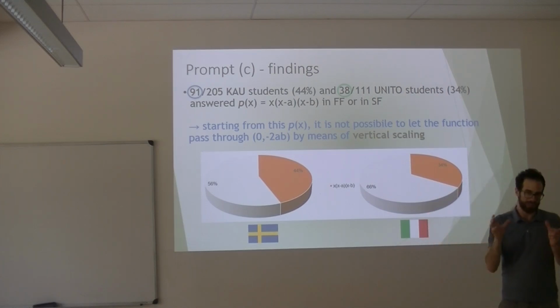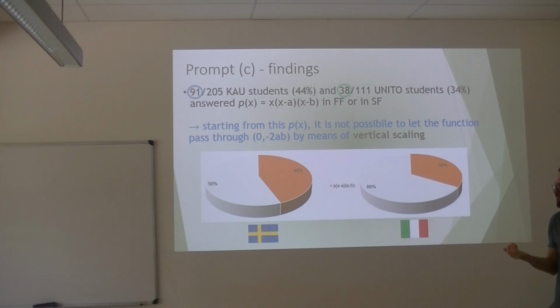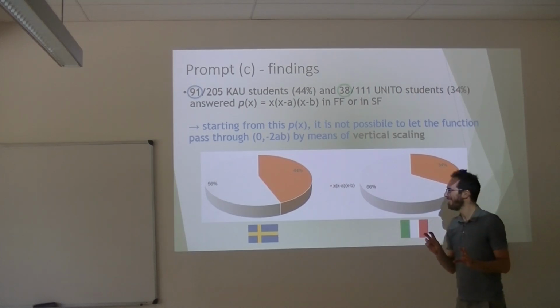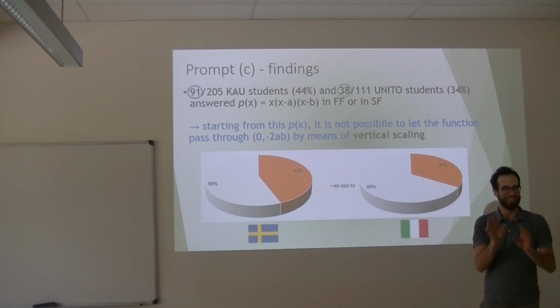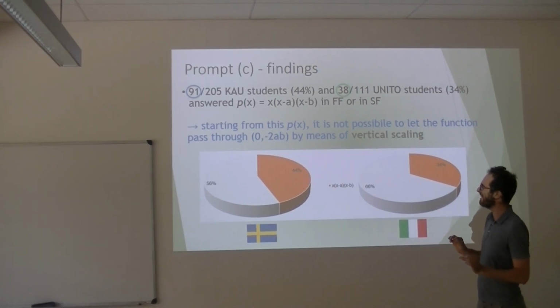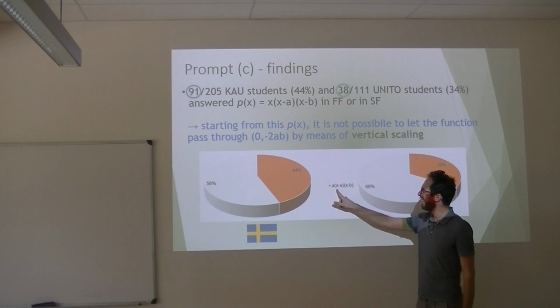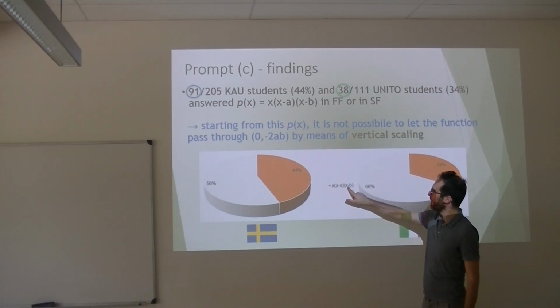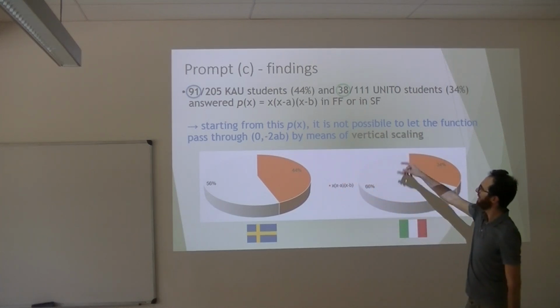So usually students, what do they do? Also humans, let's say: I have a generated example, I add a hypothesis, and I try to modify my previous example in order to satisfy the other hypothesis too. But in this case, we as teachers were pushing students to do something different, because with this example, if you plug in x equals 0 into the polynomial, the function passes through 0, 0.